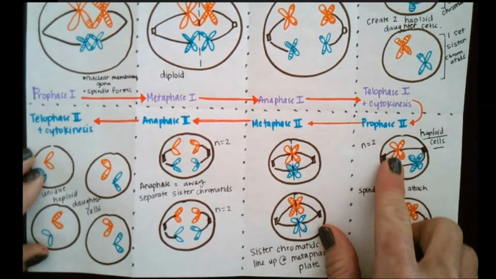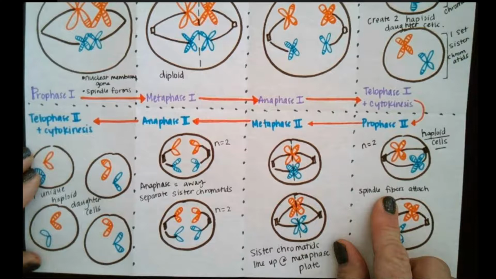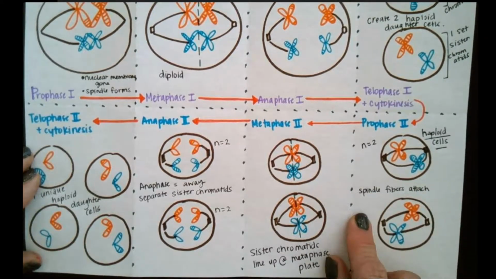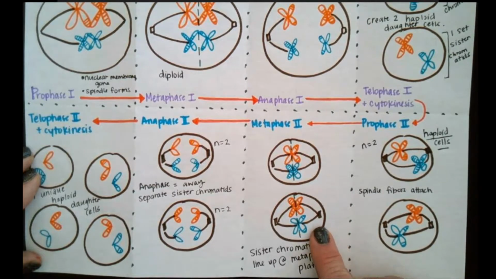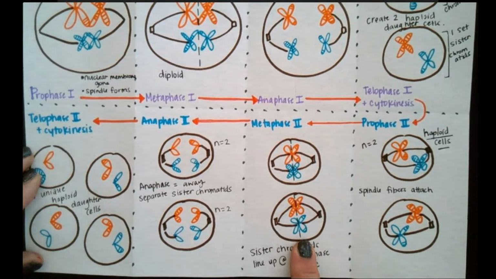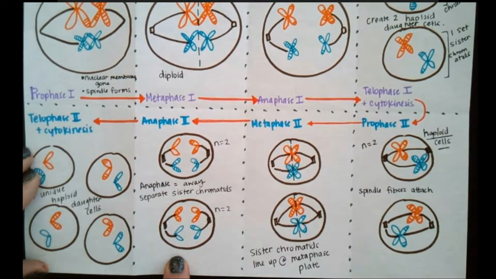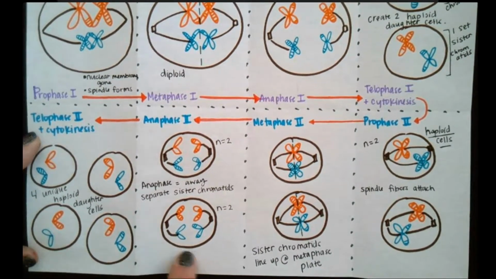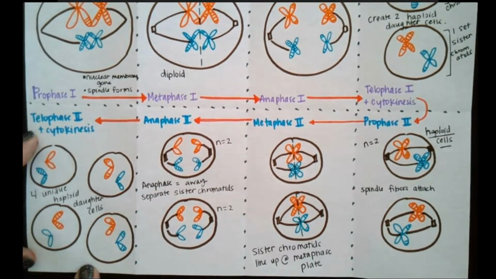That is when we begin prophase 2, where our daughter cells attach spindle fibers and our sister chromatids now line up at the metaphase plate. In anaphase, sister chromatids are separated. Telophase and cytokinesis leave us with a total of 4 unique haploid daughter cells with single unique copies of each chromosome.